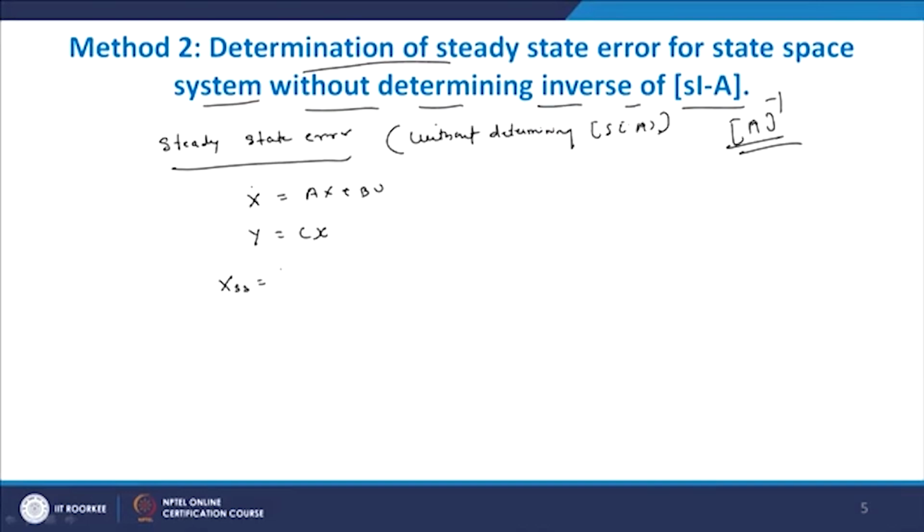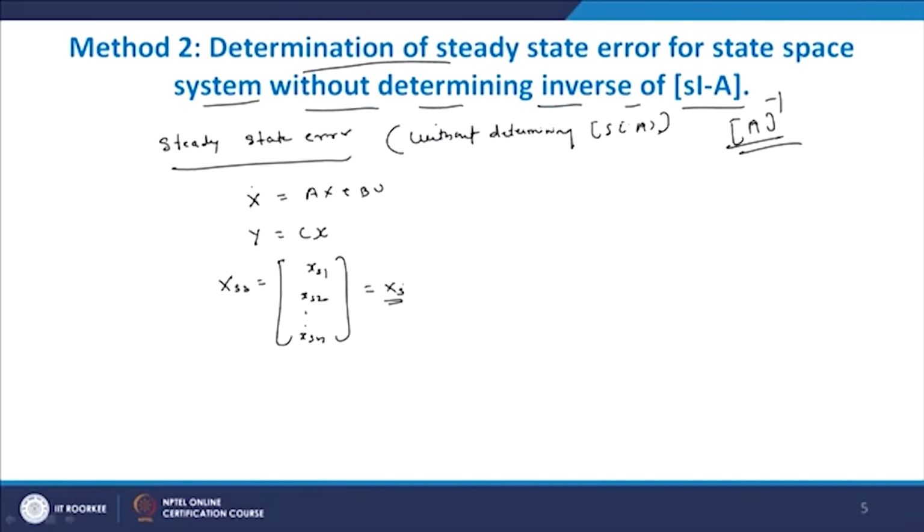So, here the steady state means x_ss, we can write down as x_1ss, x_2ss, up to x_nss, that can be written as x_ss. That means, when we are saying that at t tending to infinity our states will also reach a steady state. So, here all this state information we have written x_1ss, x_2ss, x_nss. So, we can write this as also x_ss or x_s also, there is no issue.